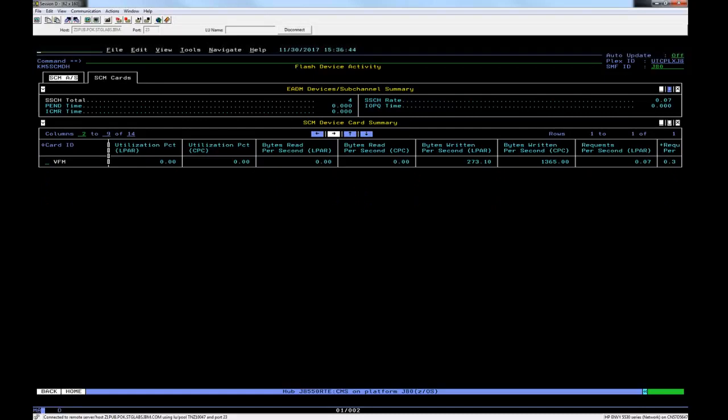what we see here is actually specific to the Z14 and introduced in the Z14. VFM is virtual flash memory. It represents flash memory which is now in the processor memory drawer, no longer resident on a PCIe card.